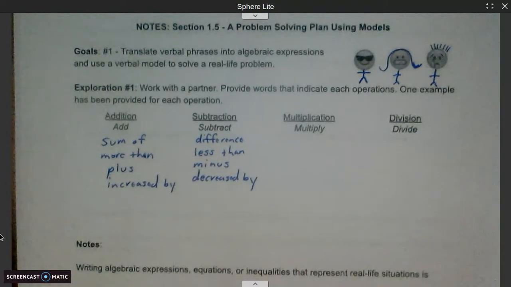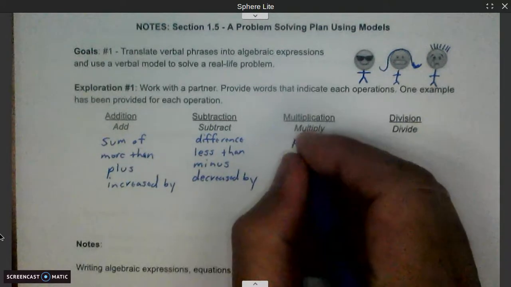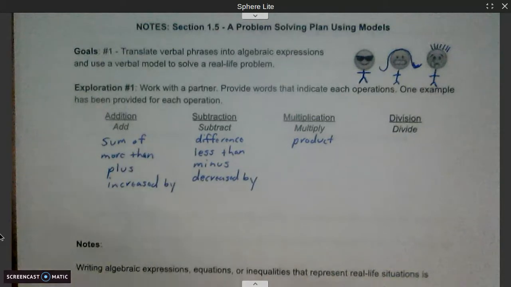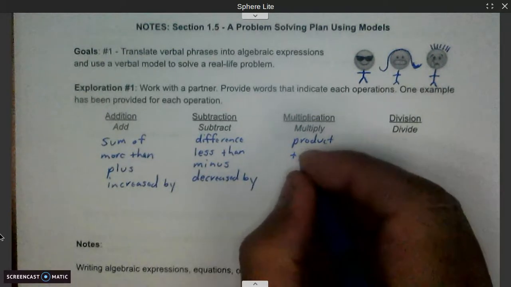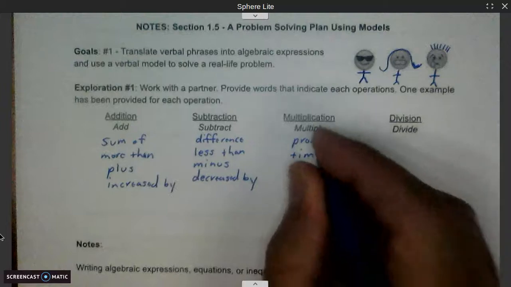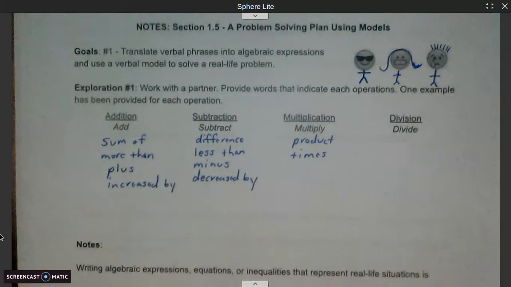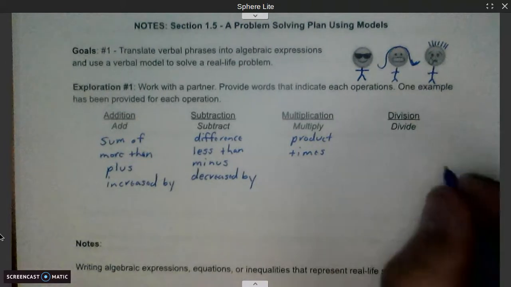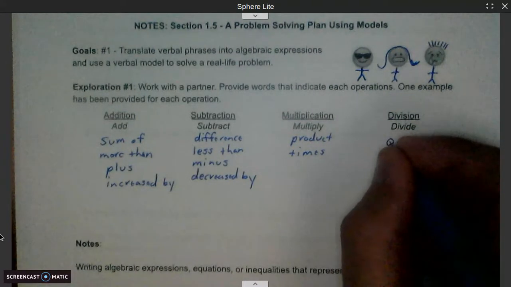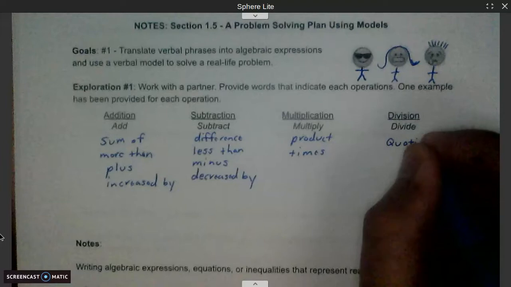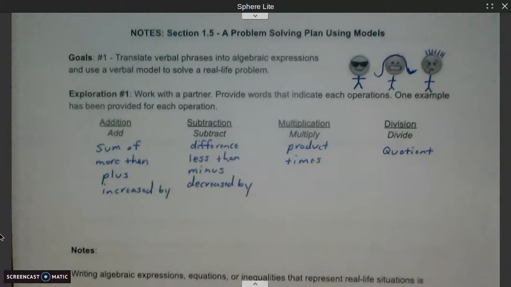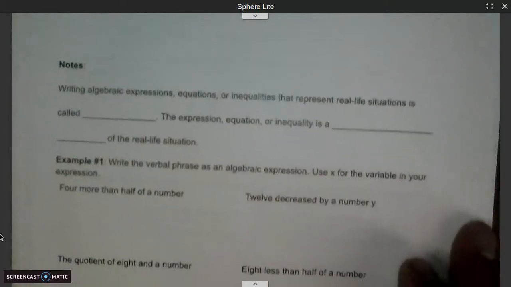For multiplication, not as many as these other ones, but I still can come up with product, times, multiply or multiplied. And for division, I have divide or divided, and then I also have quotient. There might be some other ones that come up, but this is a good starting point for what we're doing today. All right, on to the notes.